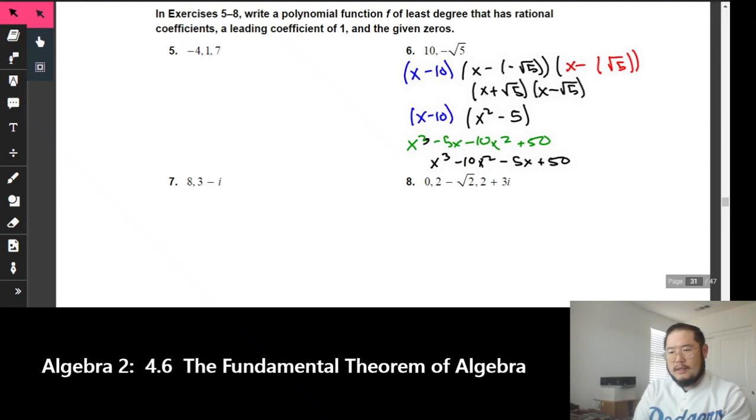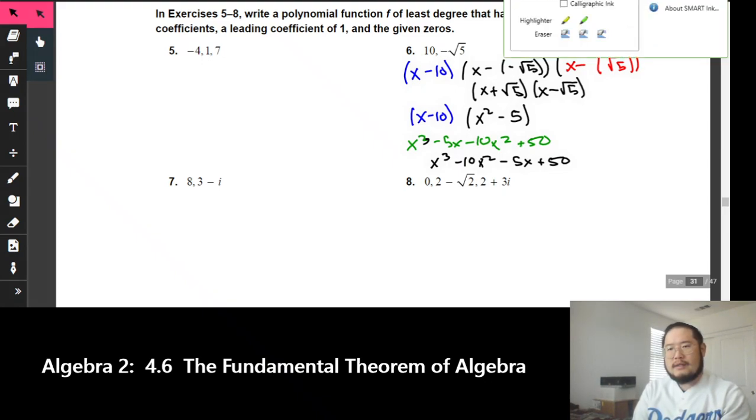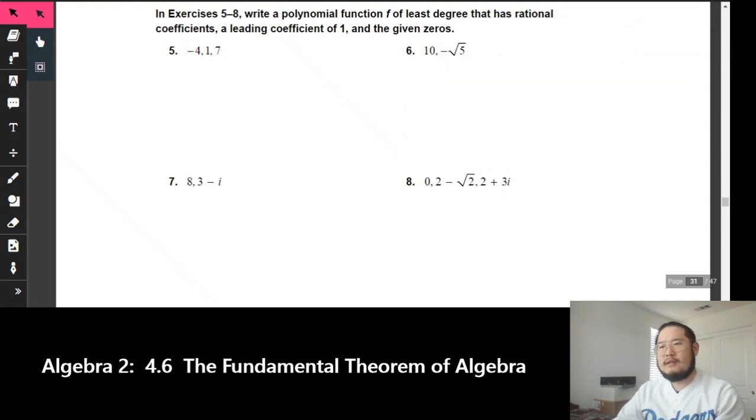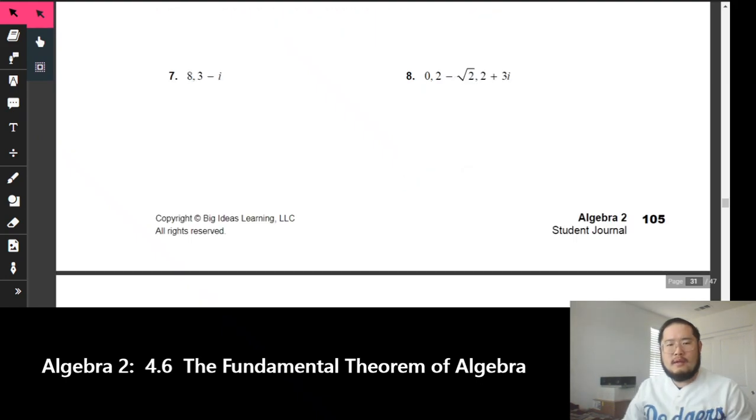All right, let's do one last one right here. Let's try simplifying number 7, putting this all together. So we start off with, for the 8, we've got x minus 8 as one of our solutions. Once again, we've got some imaginary numbers, so we have to use that conjugates business.